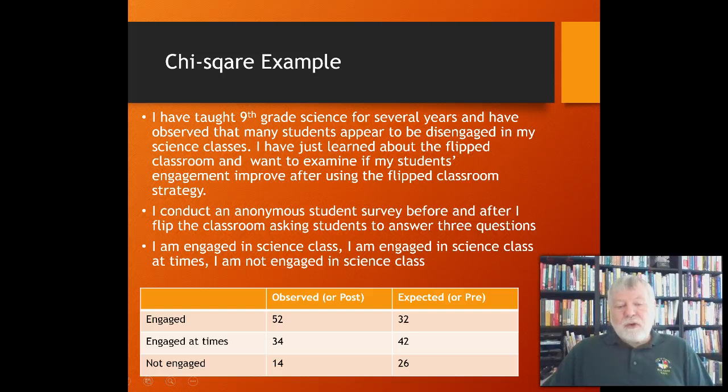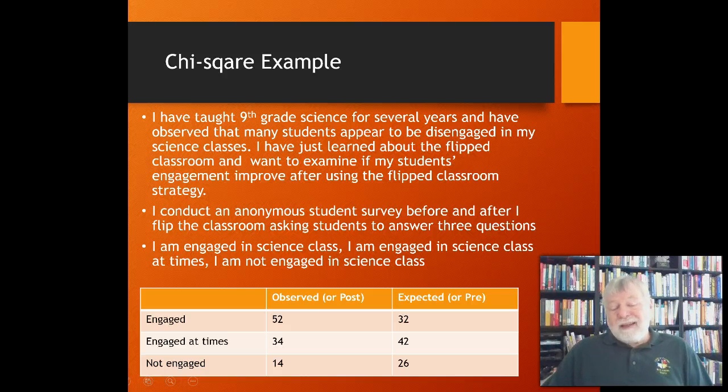You can see that is called the expected score or the pretest score. 42 report that they are engaged at times, and 26 report that they are not engaged in science class. One would reasonably expect that if the flipped classroom had no impact whatsoever on student engagement, I would get the same score after I had used the flipped classroom strategy.